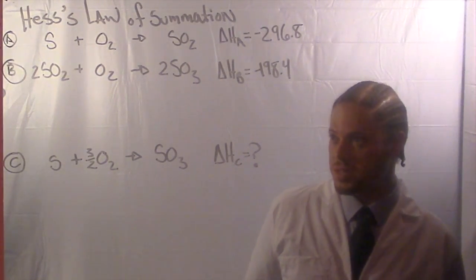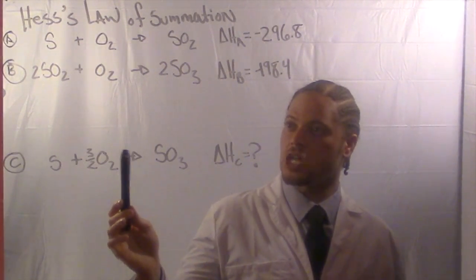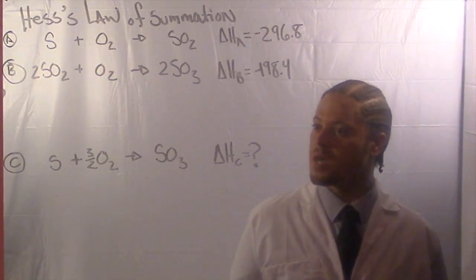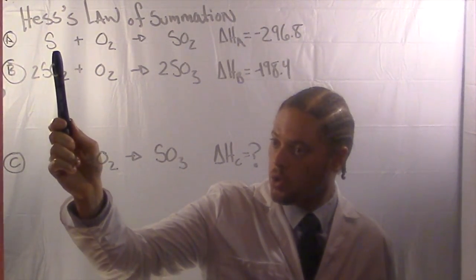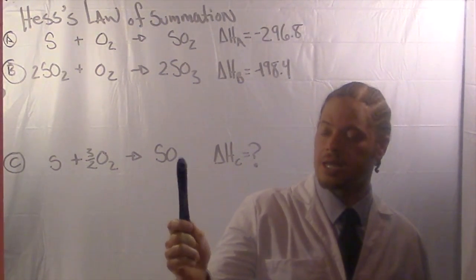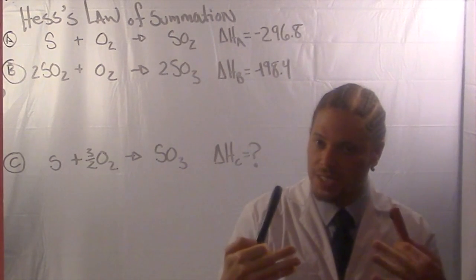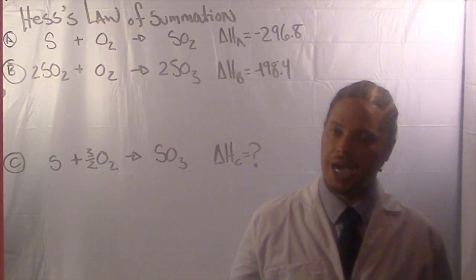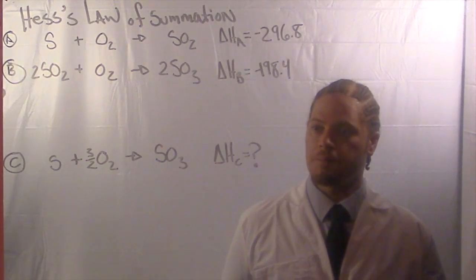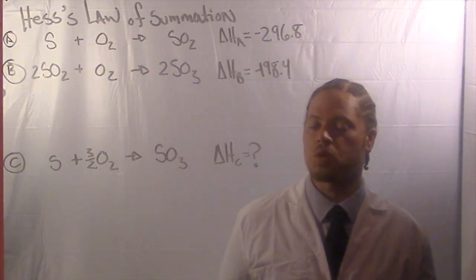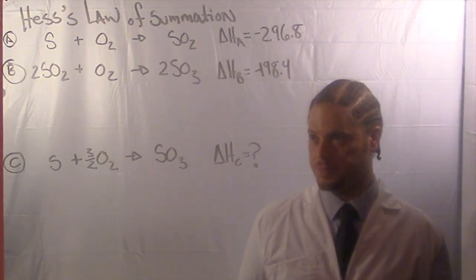The problem with this is that you cannot have a reaction from sulfur to SO3 all at once in a calorimeter. So you must conduct one reaction and then the other. But what's the overall change of H? This is where Hess's law becomes important.